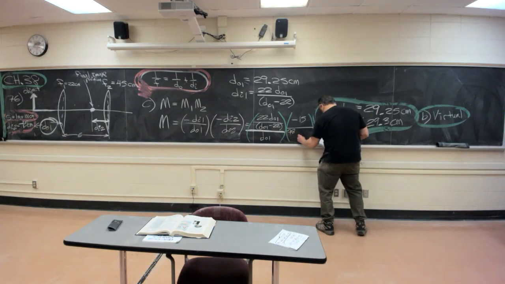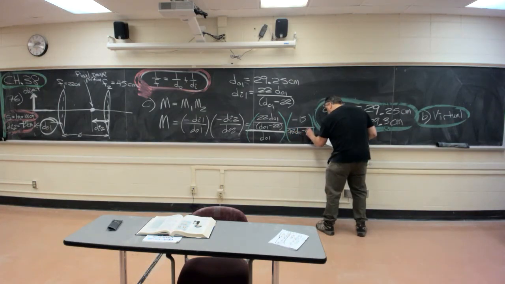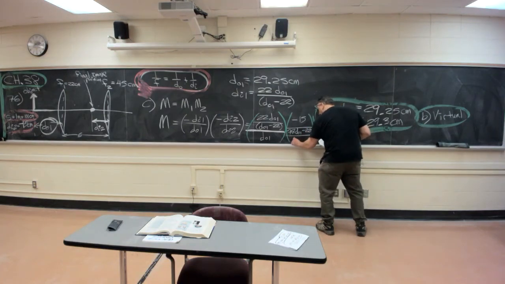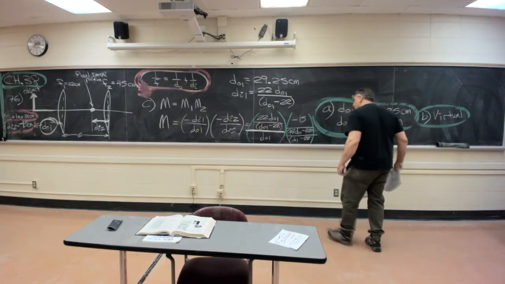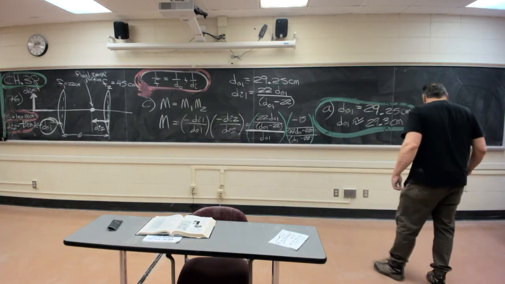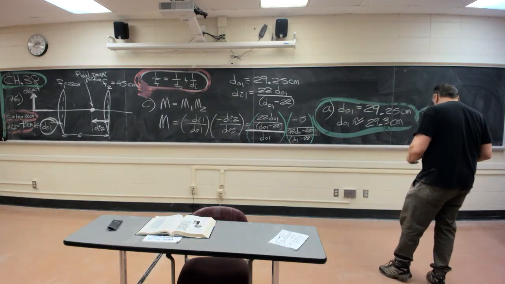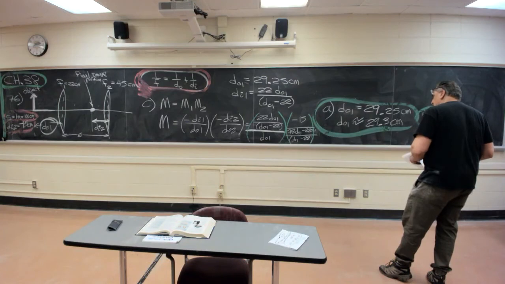The 78 DO1 minus 2200 over DO1 minus 22. The magnitude of this is fine. The signs are just an issue for me.